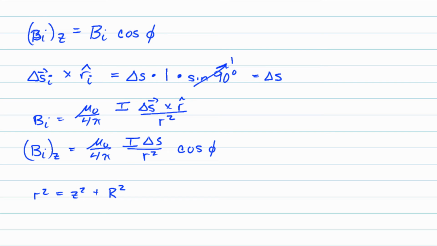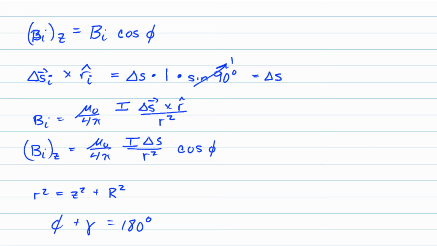Now, if we take a look at the angles, phi and gamma, again, go ahead and take a look at the figure if you need to review what those are. Those are created by the magnetic field vector due to the ith current segment and the z-axis. If you notice, those two angles add to 180 degrees.